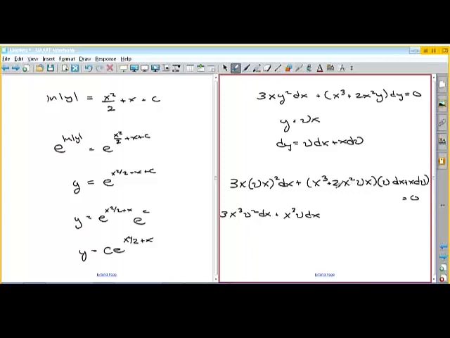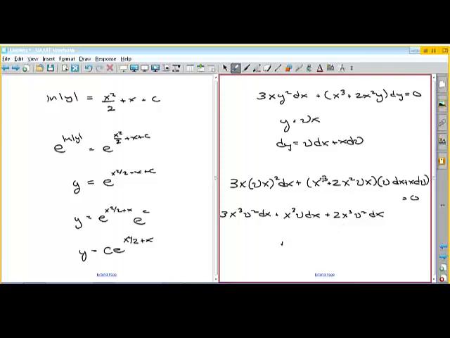Okay. F first, inner. So the inner part would be 2x squared, actually x cubed, because I could reduce this down to x cubed. So we get 2x squared times x is x cubed, nu times nu is nu squared, times dx. Okay, so that's the inner.